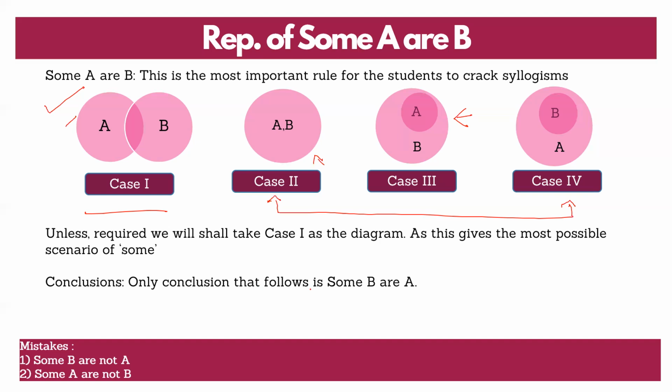So unless required, we shall take case one as the diagram, as this gives the most possible scenario of some. The only conclusion that you can derive from "some A are B" is that "some B are A". That is it. Mistakes: "some B are not A", "some A are not B". That's a common mistake. Please avoid that.